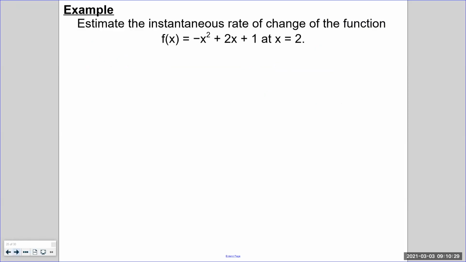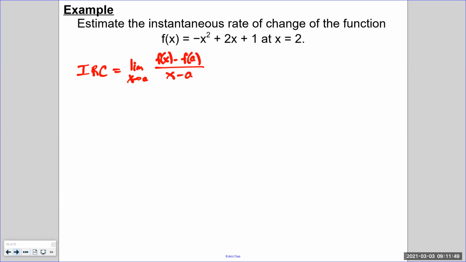All right, so let's do our first instantaneous rate of change example. We want to estimate the instantaneous rate of change of the function f of x equals negative x squared plus 2x plus 1 at x equals 2. So we know that the instantaneous rate of change is going to be the limit as x approaches a of f of x minus f of a over x minus a.